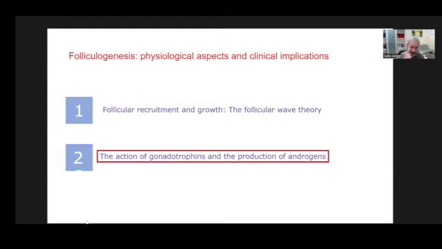So I will spend a second part of my talk moving from the general concept of follicular waves to go deeply inside what happens in a follicle that is a candidate to be the dominant follicle in a given menstrual cycle. We are talking about the follicles that we use in IVF following stimulation with exogenous gonadotrophins.